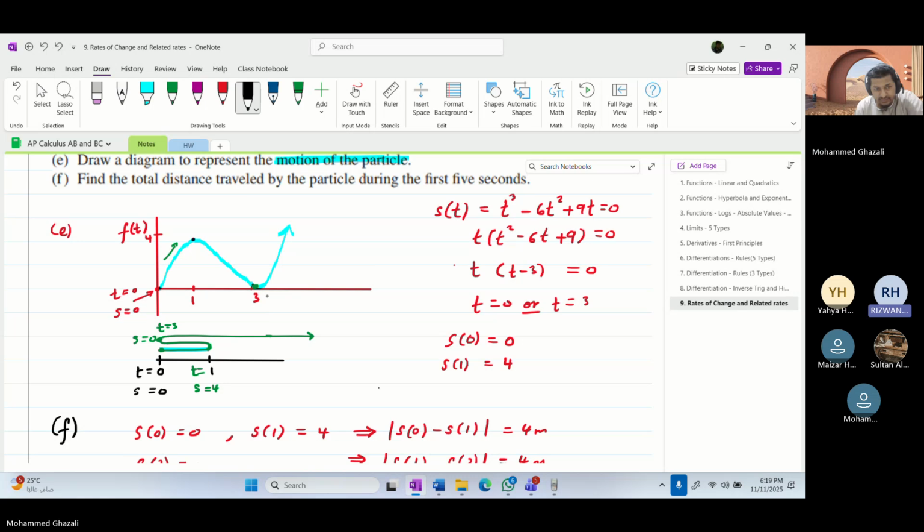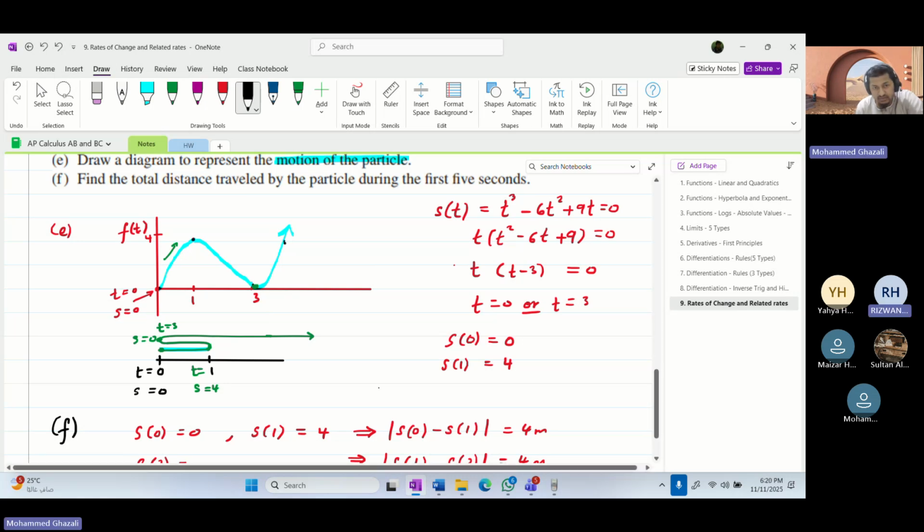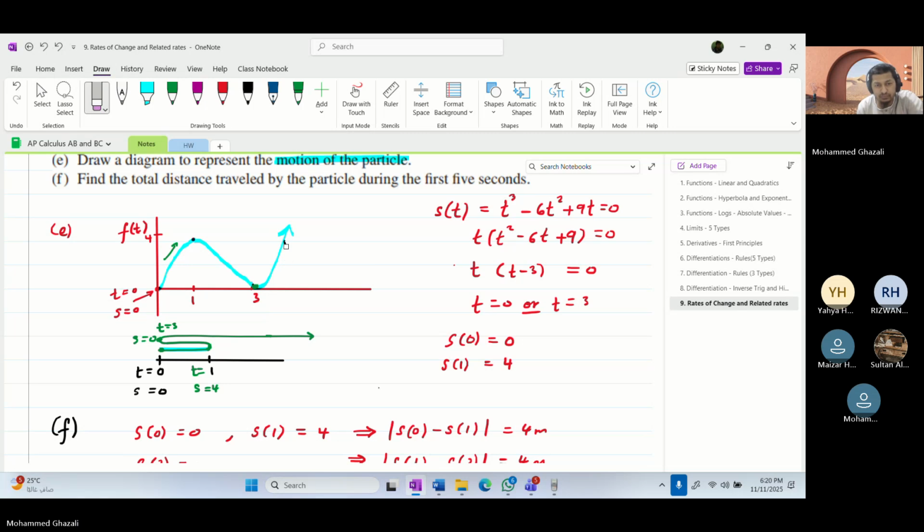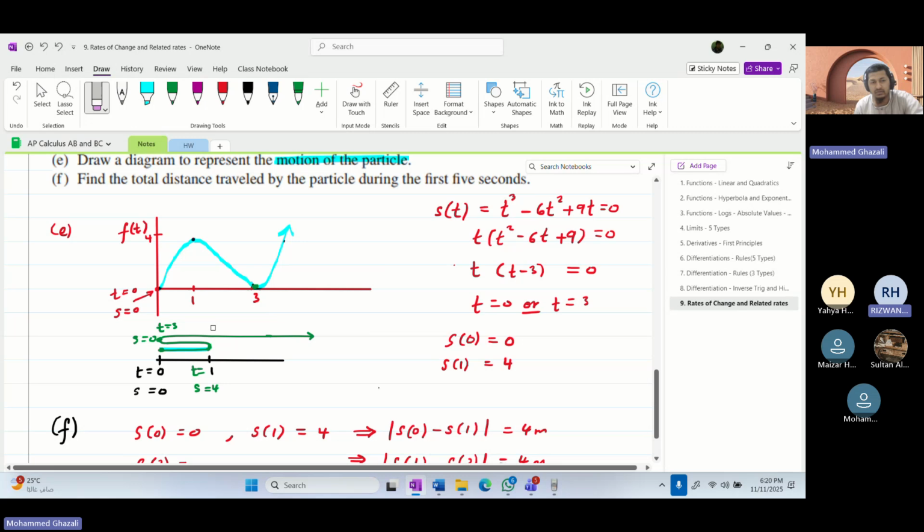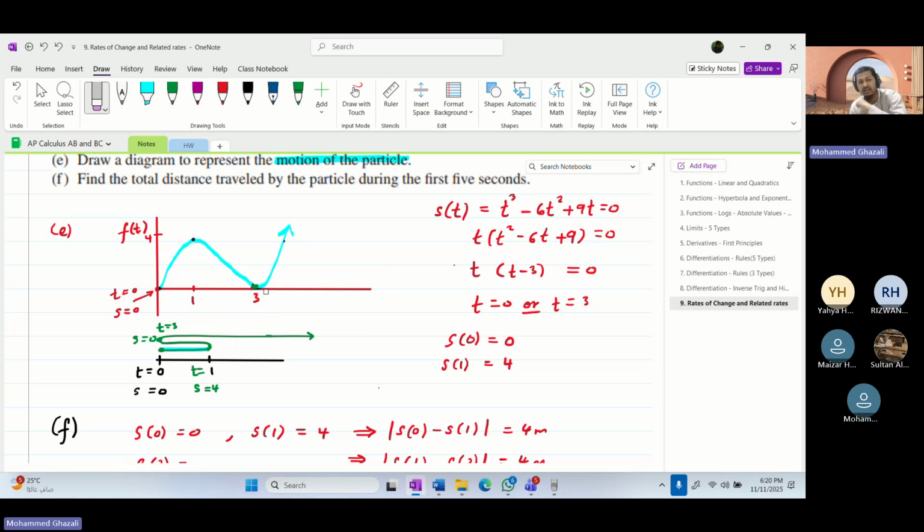We don't need 2. I said we go from S of 0 to S of 1, and then S of 1 to S of 3. That's 4 meters. And then from 3 till 5 is 20 meters.